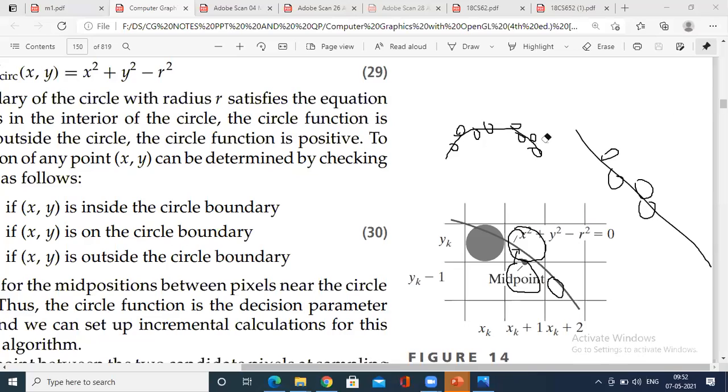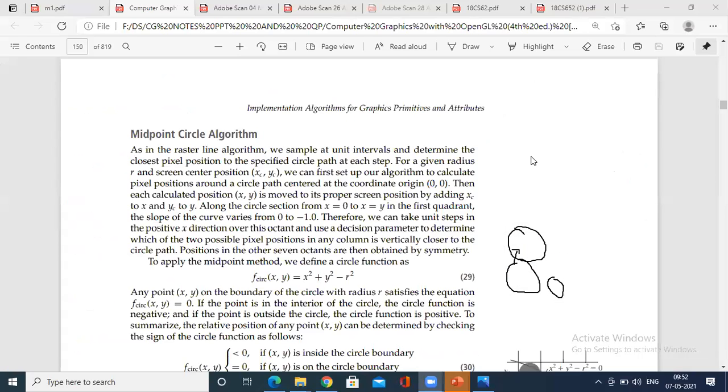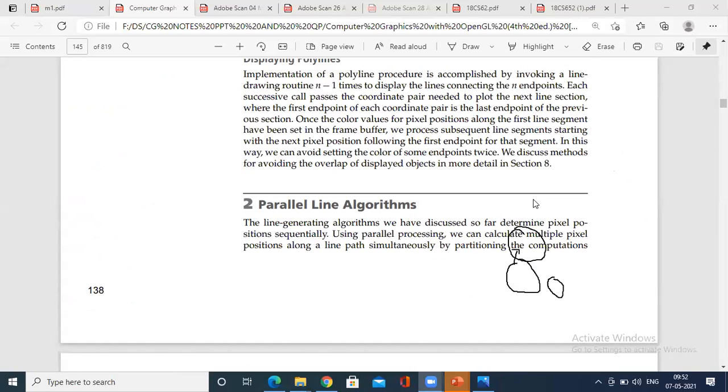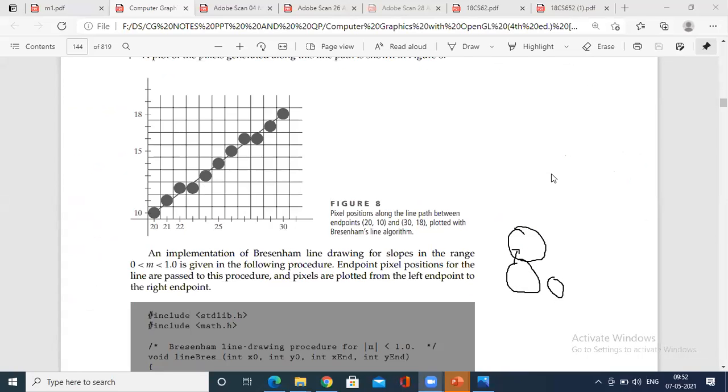I'll just erase the board. If you have understood, just see. So this was the concept of identifying this arc, the same as what you have seen in the case of the line drawing algorithm. So this was the concept of line drawing.